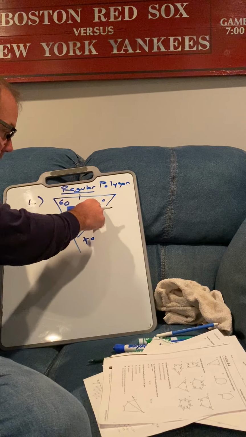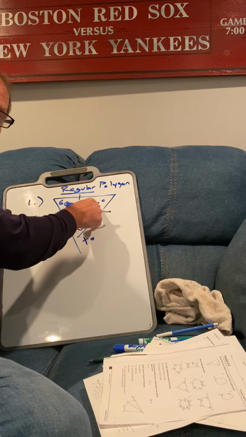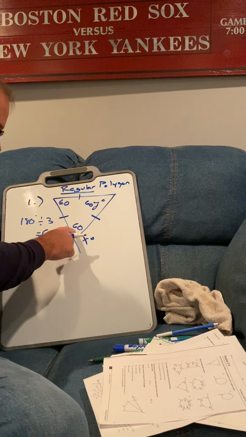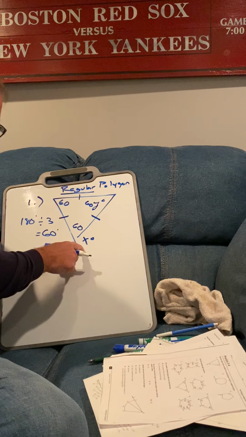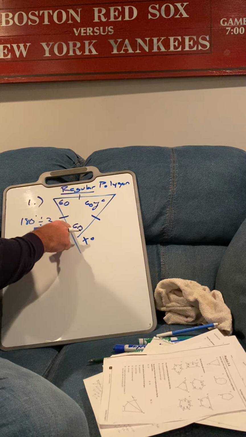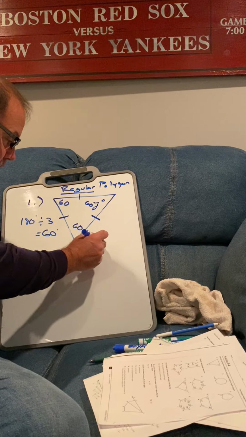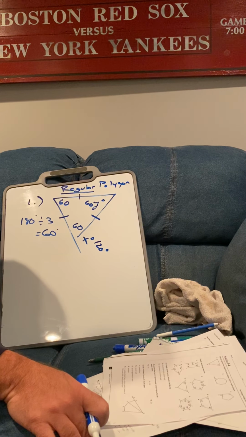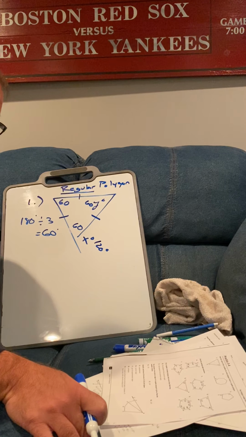So angle Y, what we're trying to find, is going to be 60 degrees. Angle X, we know the relationship forms a straight line. That's always 180. So 180 minus 60 would be 120. That's how we would do a problem like that.